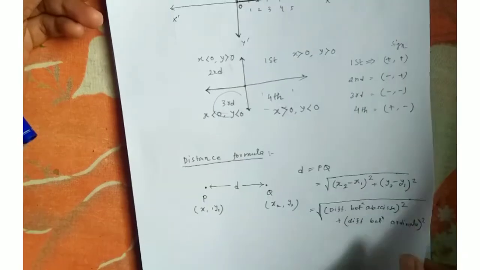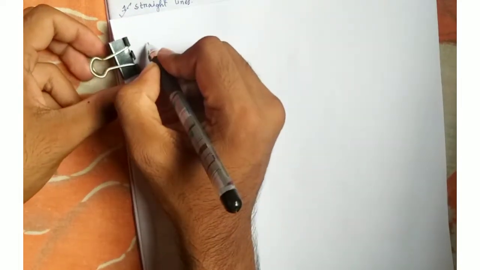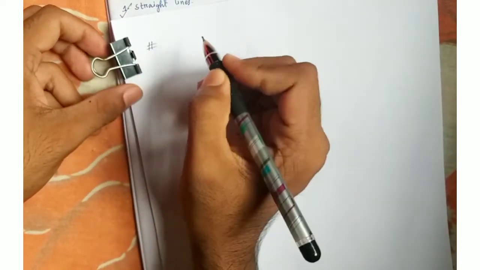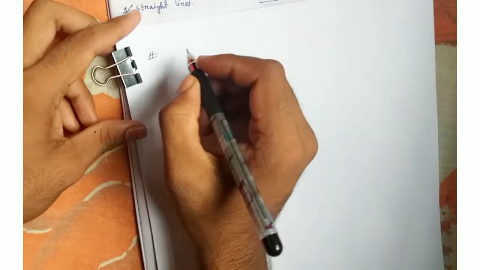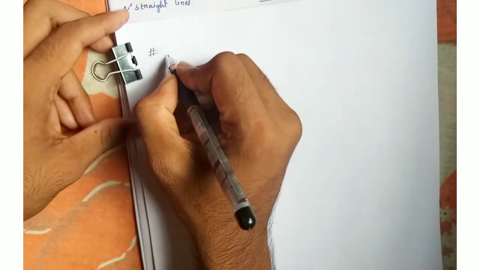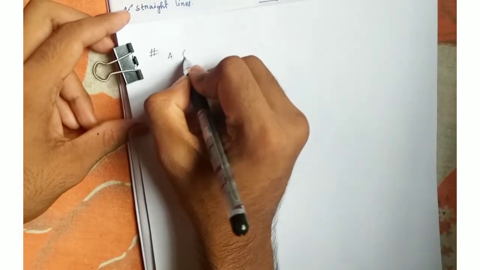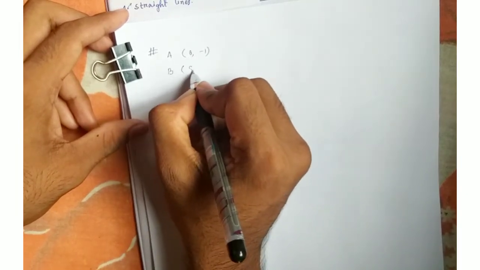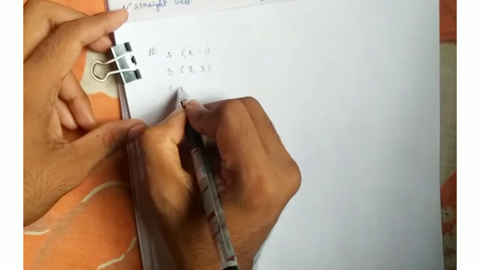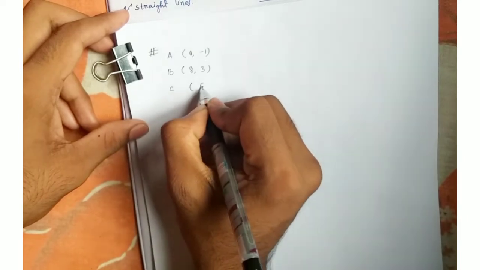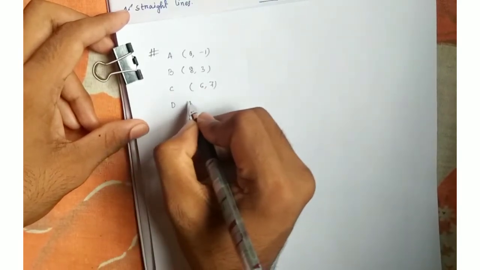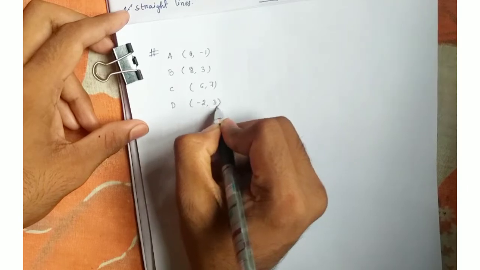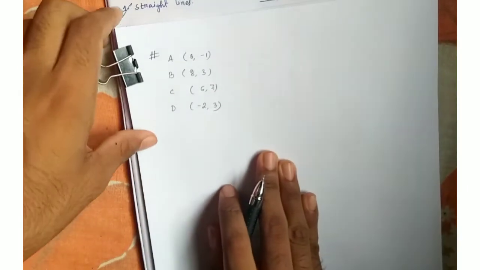Okay, then taking an example, we are given 4 points: A (0, -1), B (8, 3), C (6, 7), and D (-2, 3).